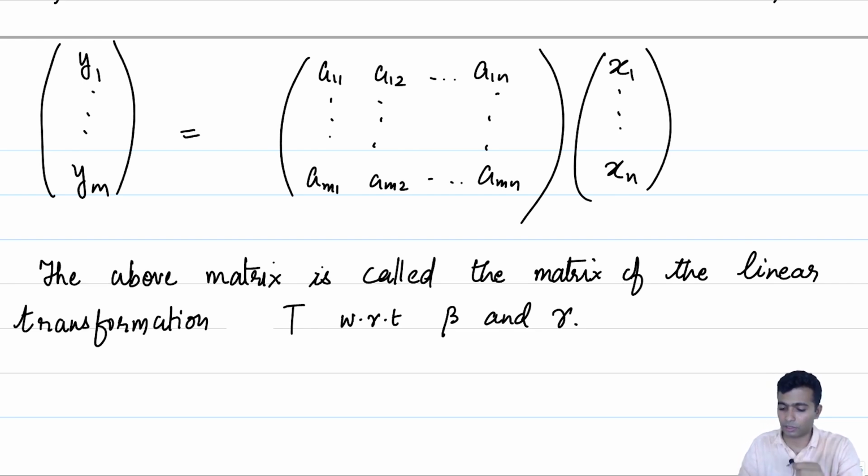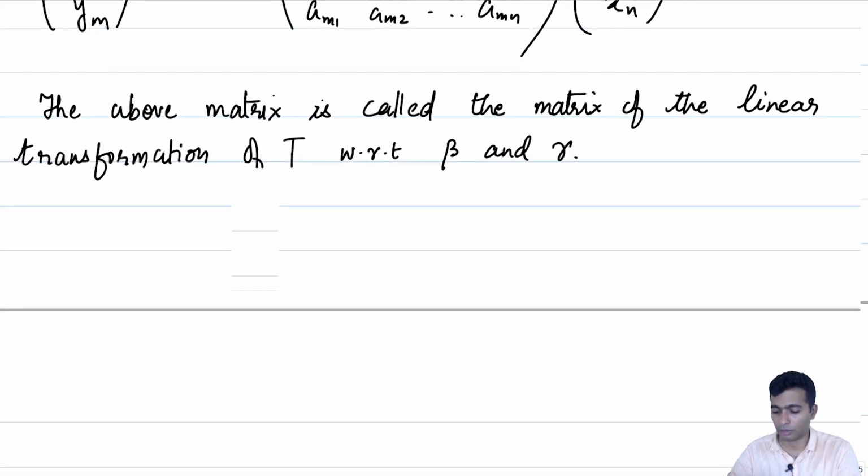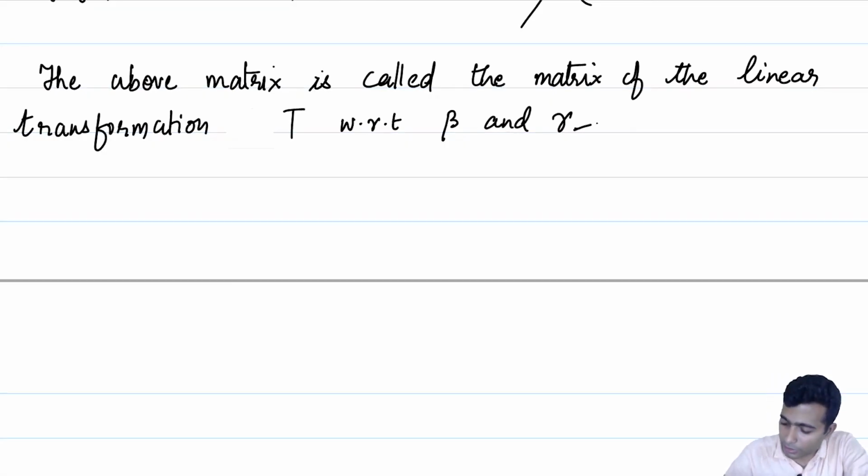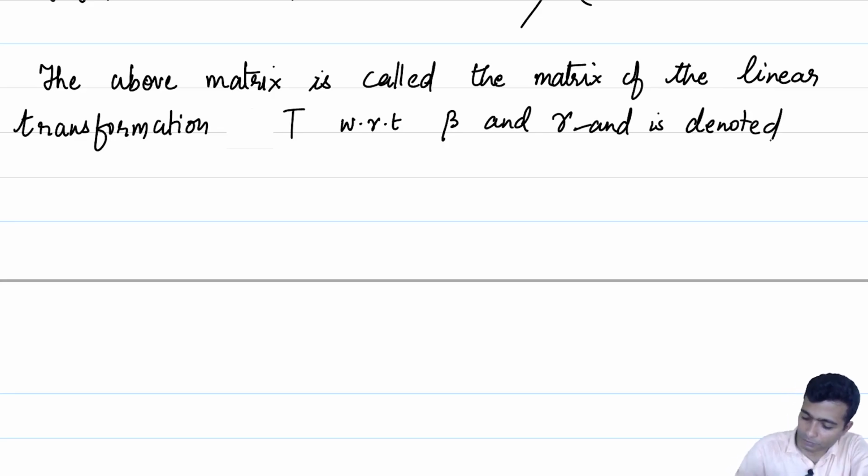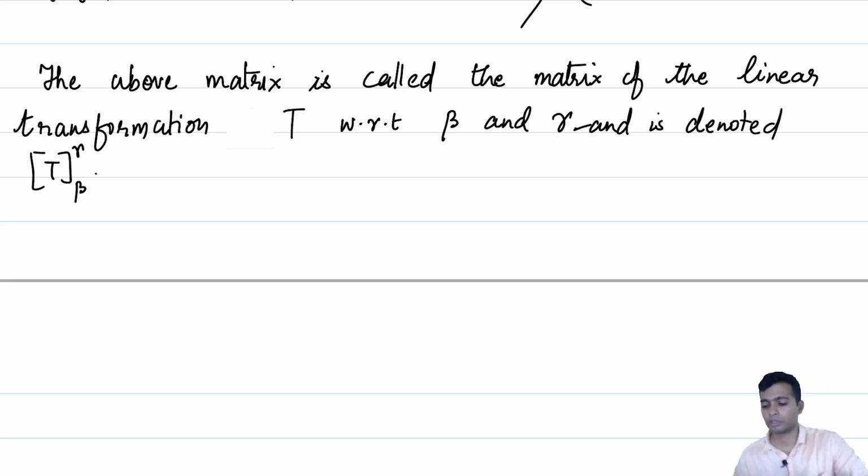As I just mentioned, each of the coefficients here are obtained by writing TVj in terms of W1 to Wm for each j going from 1 to n. And this is also denoted T beta gamma. The notation we are following has a name. It's called the Einstein convention, which is used by physicists extensively.